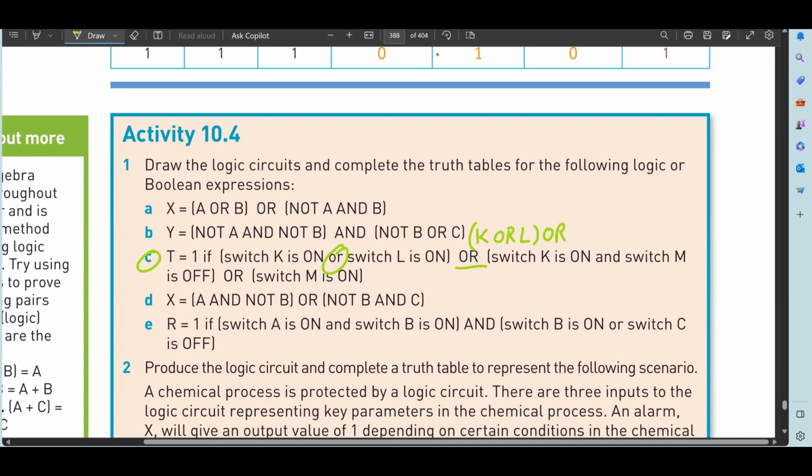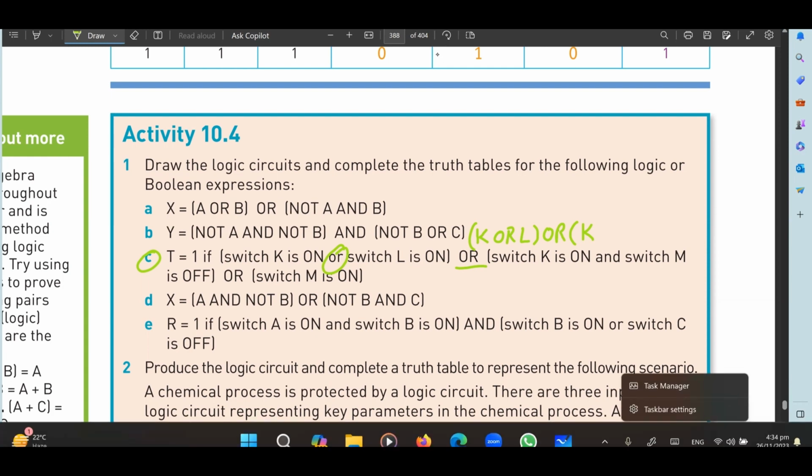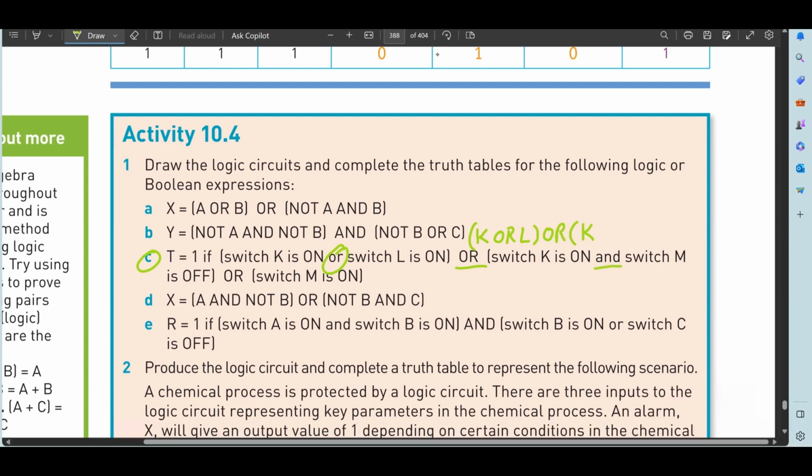Switch K is on, the bracket starting K is on is written as K, and switch M is off, and goes exactly like AND. Switch M is off, and that is written as NOT M, never M NOT. Why never M NOT? Because you always write -5 instead of writing 5 minus.